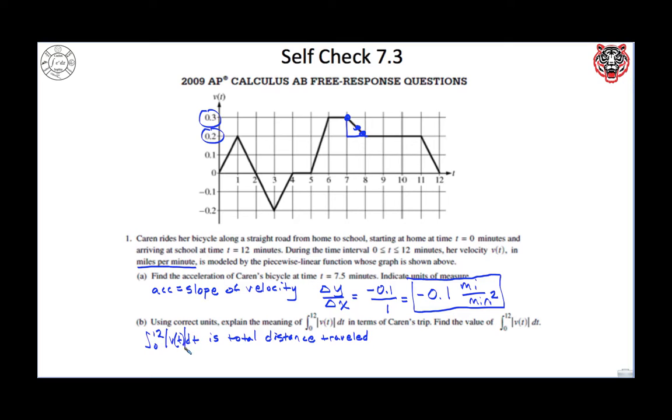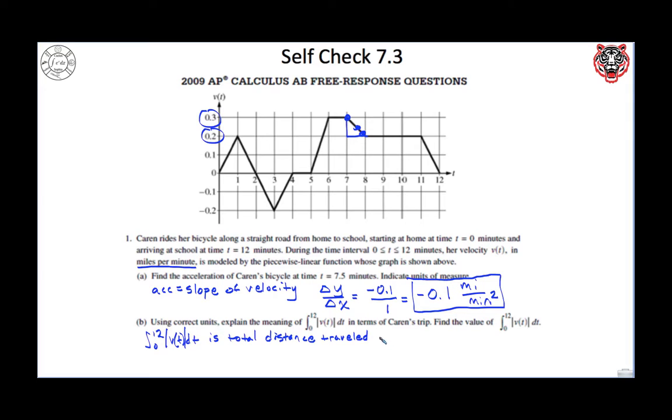I'm going to give you a point for this one. That's not really a math error. Wait, so saying change in position in miles from 0 minutes to 12 minutes is wrong? It's not change in position, because change in position would be without absolute value. Okay.